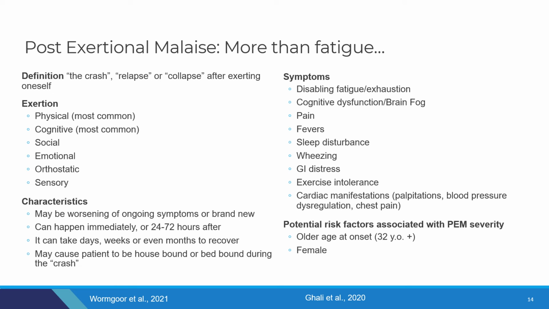Post-exertional malaise can present as a worsening of symptoms that the patient may already be experiencing, or completely new symptoms altogether. The timing of onset of symptoms after COVID and recovery time is variable depending on the patient. This makes it vital that healthcare providers are aware of these variabilities in order to diagnose and treat properly. The two most common risk factors associated with post-exertional malaise severity are older age at symptom onset and the female sex.